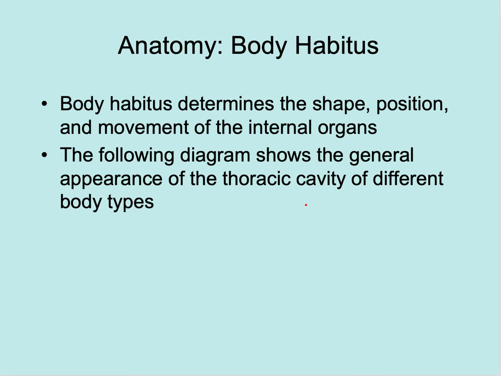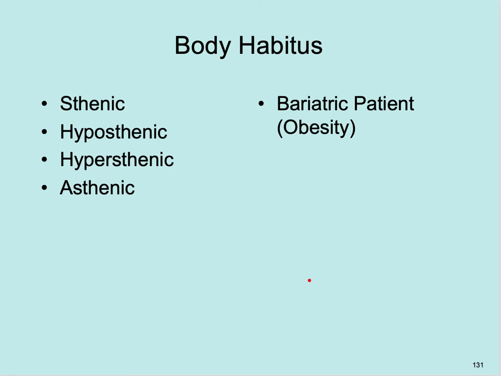So body habitus determines the shape, the position, the movement of your internal organs. The diagrams show the general appearance of the thoracic cavity of different body types, so make sure that you understand those. Sthenic, hyposthenic, hypersthenic, asthenic, and then your book, which is a newer edition, also talks about bariatric patients as far as obesity. It is something that needs to be talked about more.